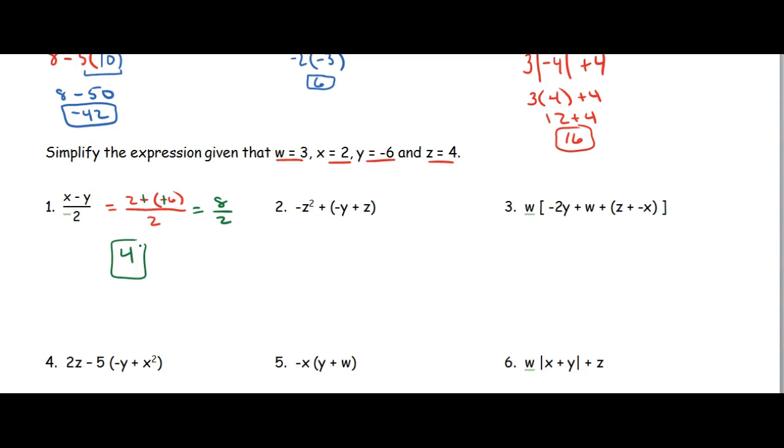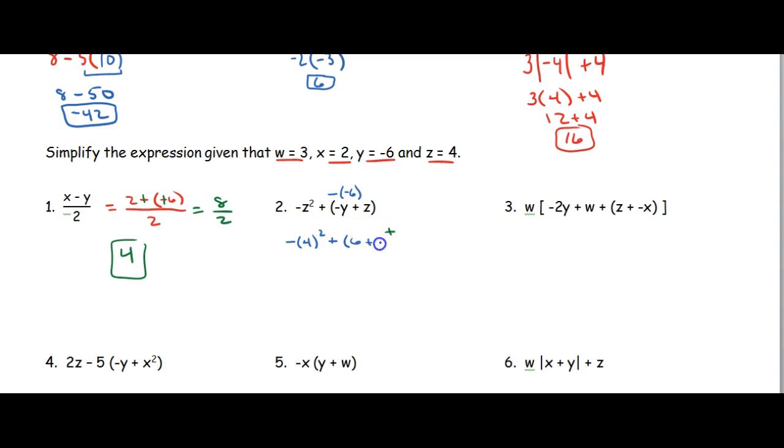Now the next one. So in this next problem, we have to go ahead and substitute 4 in for z. So we're going to do negative, but you have to put the 4 in parentheses, squared, plus. Now, this negative y, think of it as the opposite of y. So when we're plugging negative 6 in, it's going to be negative, negative 6, which is going to make it positive 6.